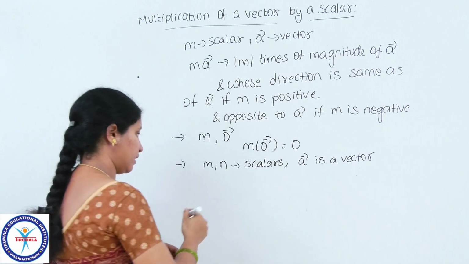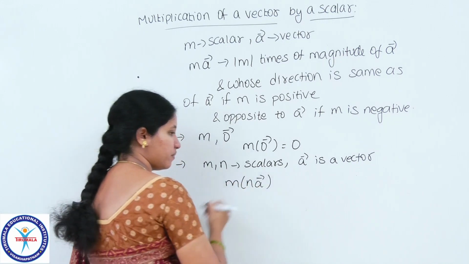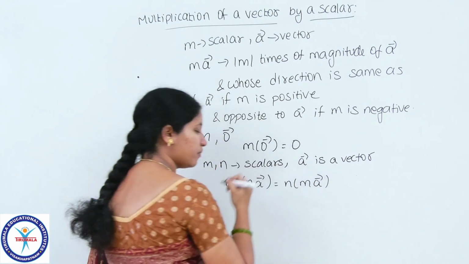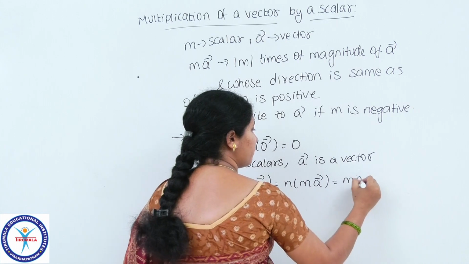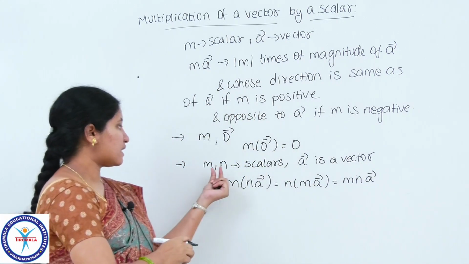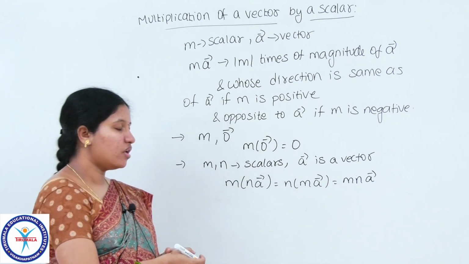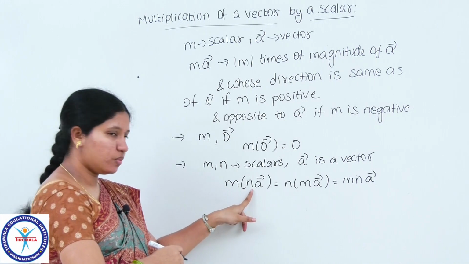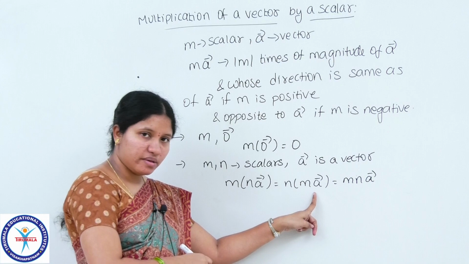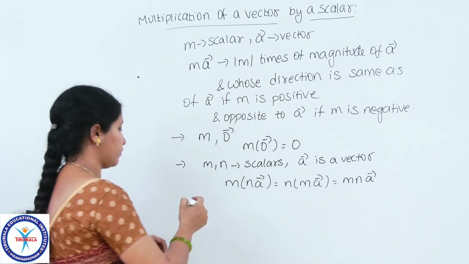So we can write m into n a bar is equal to n into m a bar is equal to mn into a bar. As m, n are two scalars and a bar is a vector, we can write m into n a bar is equal to n into m a bar is equal to mn into a bar.